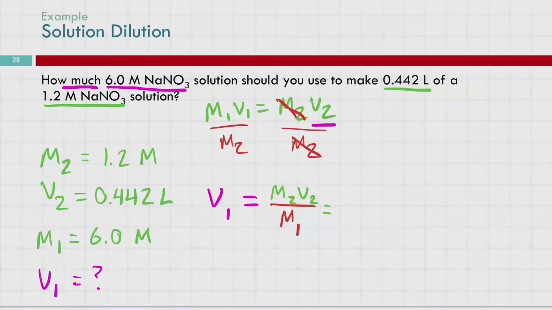Okay, we have all of those things. So 1.2 molar times 0.442 liters over 6.0 molar. And the molarities cancel, and we are left with liters.